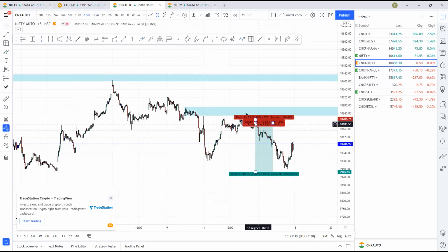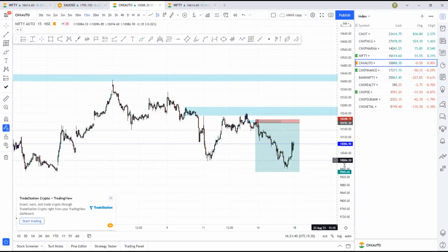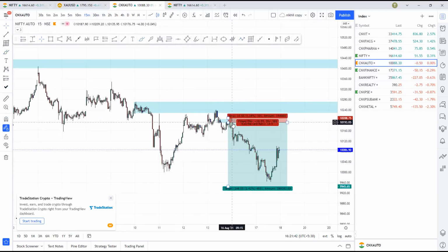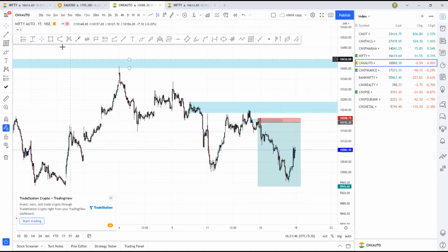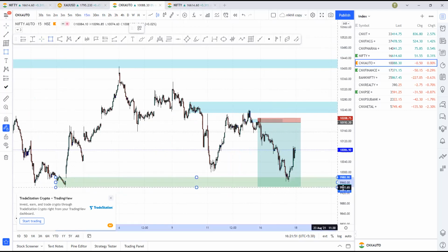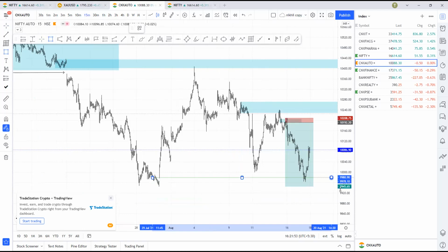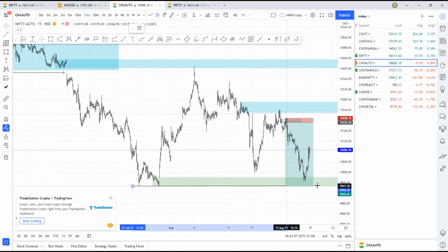In the auto sector, I had a short on the 16th of August. Today all our targets got achieved. It filled the gap at this price. I'll wait for one more stop loss hunt. I'll tell you the reason why. Whenever you see equal lows or equal highs, that means there is liquidity below.